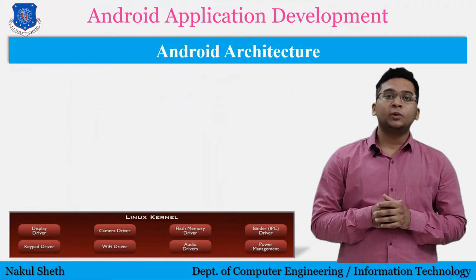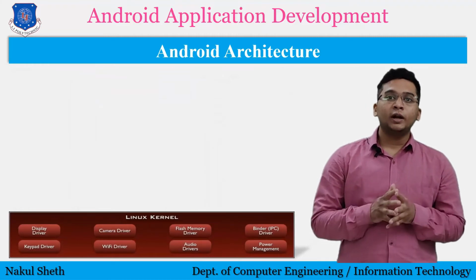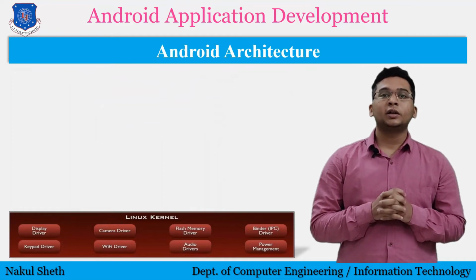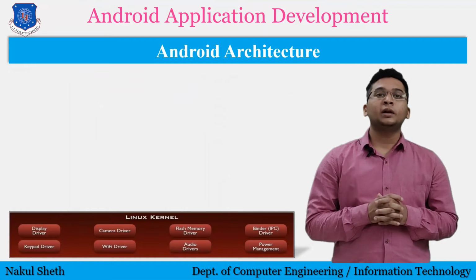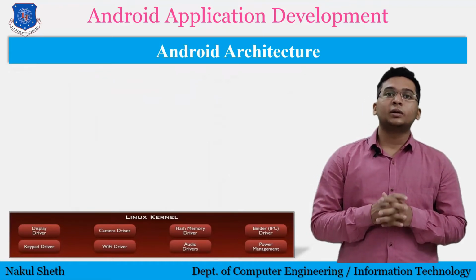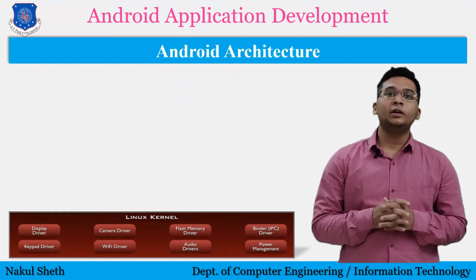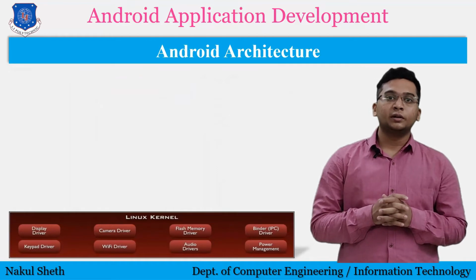The kernel also provides an abstraction layer between hardware and software. For example, consider the camera function. All Android devices have a camera, so a kernel must include a camera driver to communicate with the hardware camera. So this is all about Linux kernel.